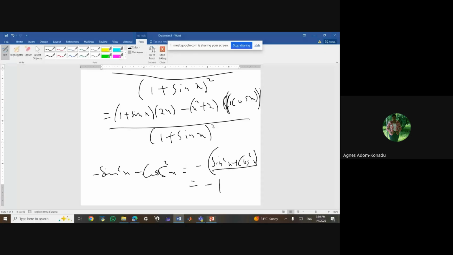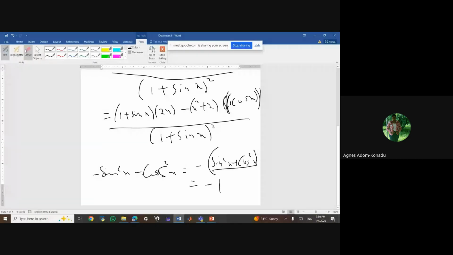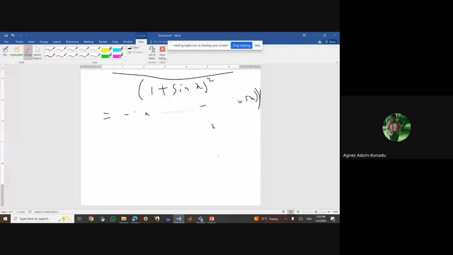So I have negative 1 on the top, divided by sine squared x. We are using some trig identities too. So if you've not done trig before, you have to read about trig too, because we are using trig identities. There are some things that you have to use from somewhere else. Okay, so we have negative 1 over sine squared x.